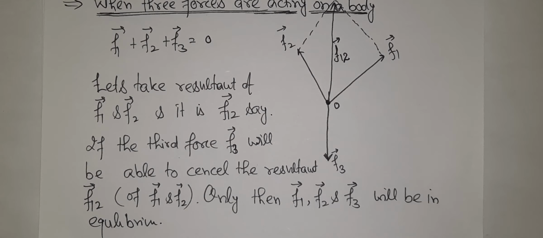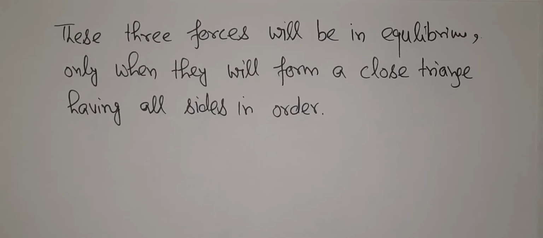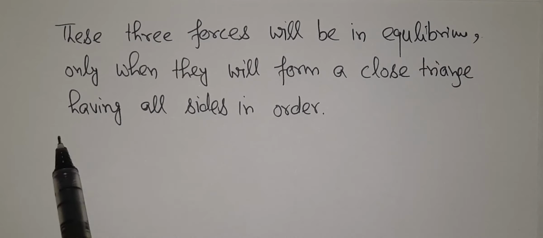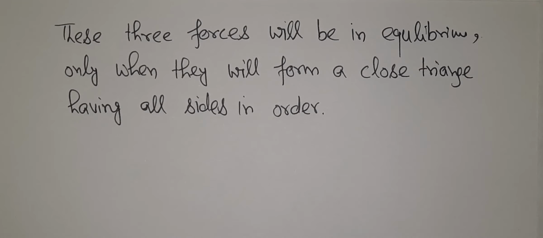If you go to the laws of vector addition, we have already studied this particular thing. The three forces will give zero resultant when they form a closed triangle having all sides in order.